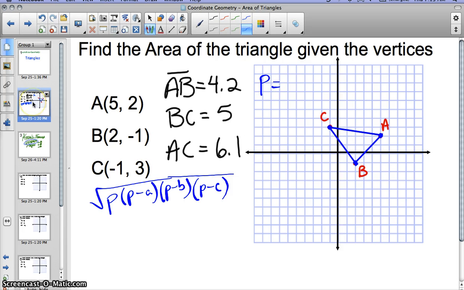So we've got 4.2, 5, and 6.1. The perimeter is 15.3. P in this case is the perimeter divided by 2, so half of 15 is 7.5, and half of 0.3 is 0.15, so we end up with 7.65.